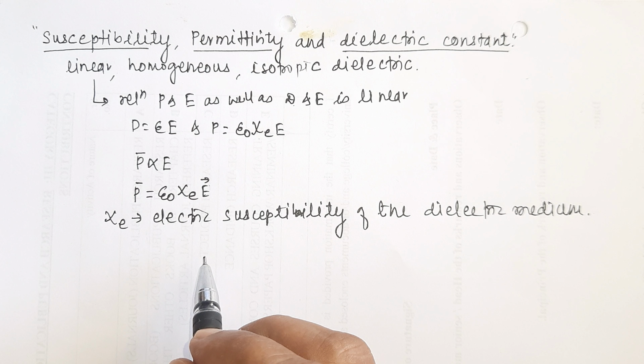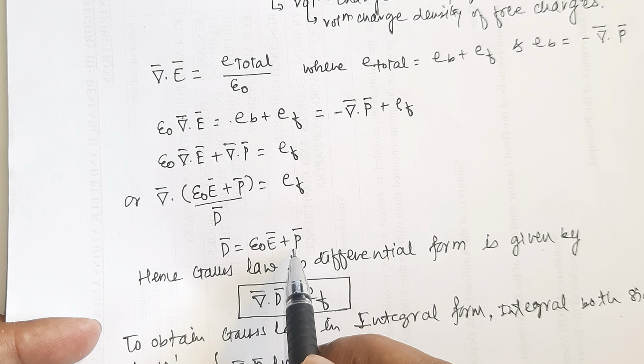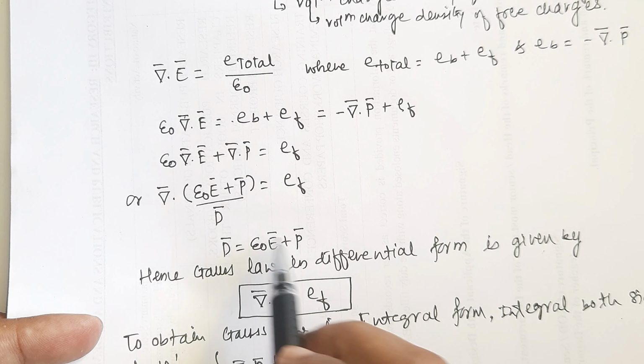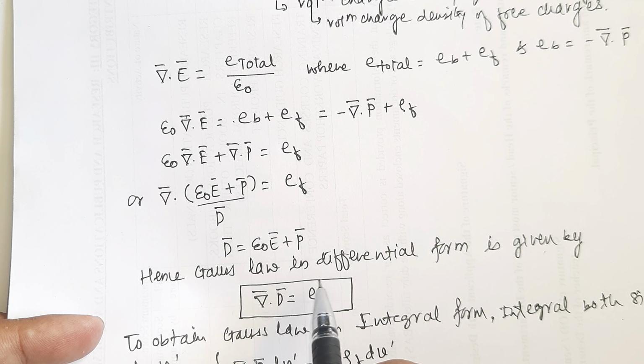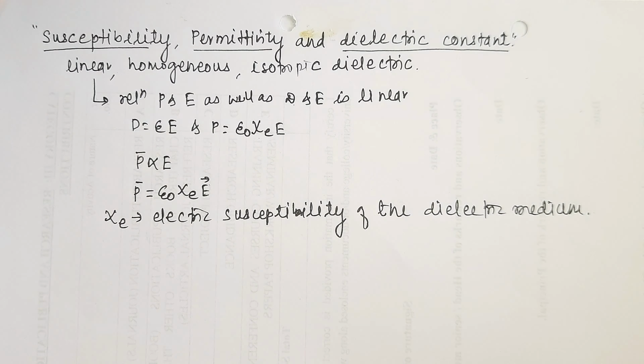We substitute P bar in the earlier equation, which is D bar is equal to epsilon naught E bar plus P bar. We can write this in the Gauss law in differential form.